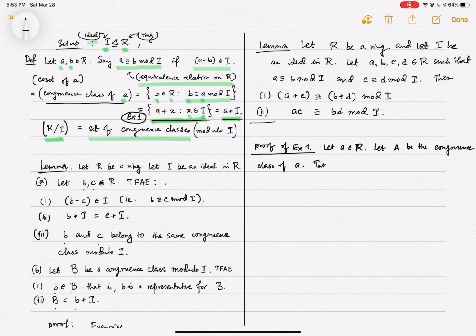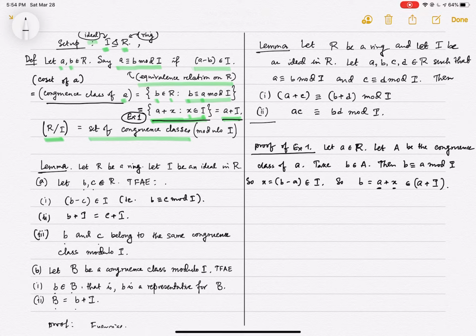So take some b in capital A. What does that mean? That means that b is congruent to a mod I, so this difference is in I. Let's call this difference x. Now b is a plus x, where x came from I. So it does look like a plus an element of I, so it does belong to the set a plus I. What did we just argue?